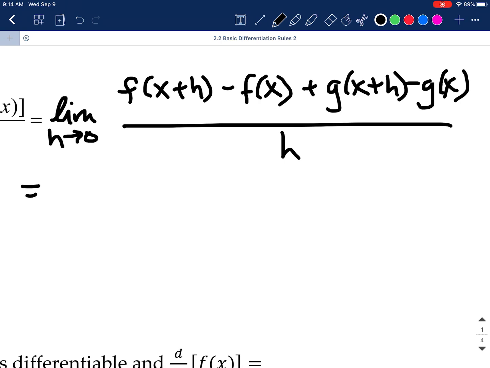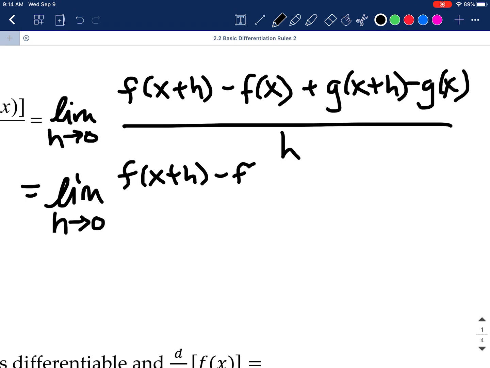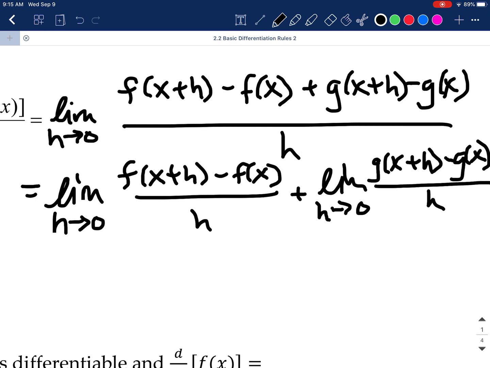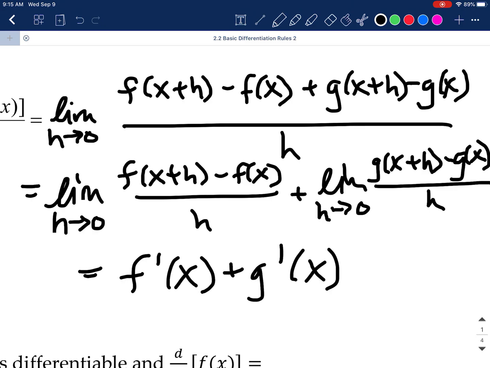And then we know that both of these functions are differentiable, which means we can split the limits, which gives us f prime of x plus g prime of x.